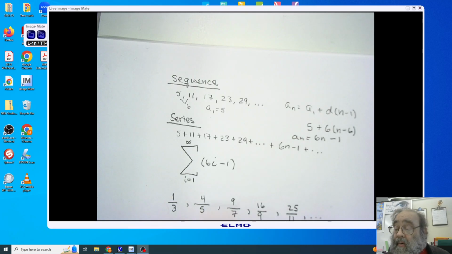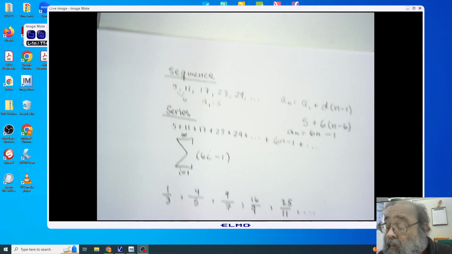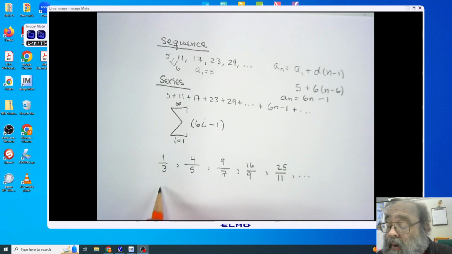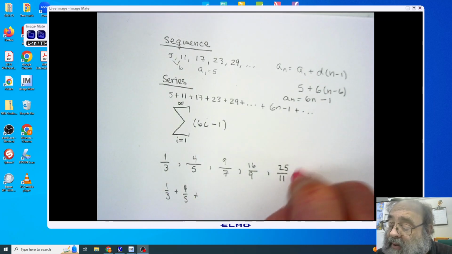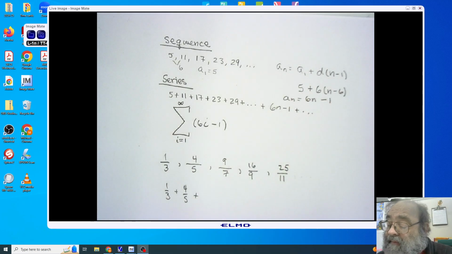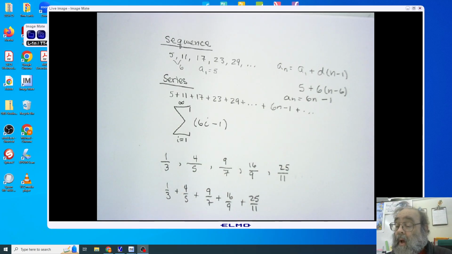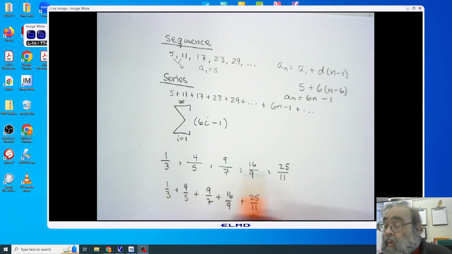Now, this sequence written as a series would be 1/3 plus, 4/5 plus, and let's not go dot, dot, dot. Let's just stop. So we have a finite series. 9/7, 16/9, 25/11. The rule, we have a quadratic on top, n squared.